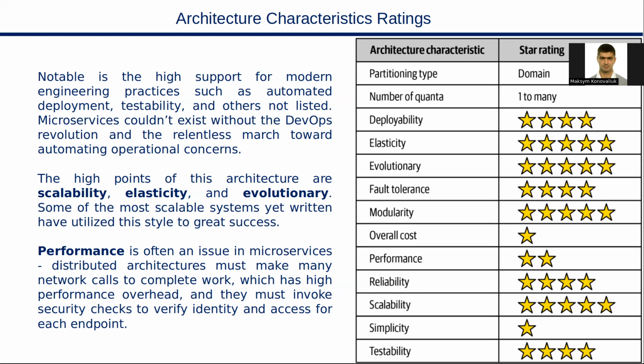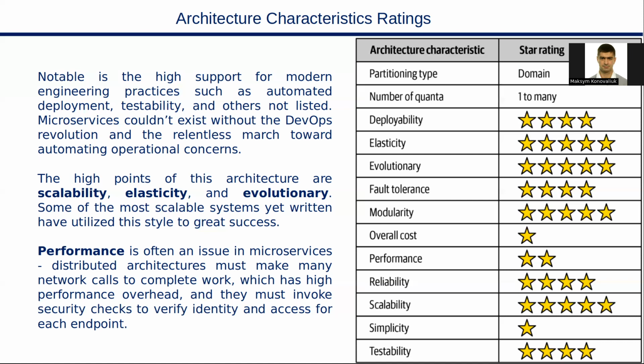Some of the most scalable systems yet written have utilized this style to great success. Performance is often an issue in microservices, and in all distributed architectures generally. Such architectures must make many network calls to complete the work, which has high performance overhead, and they must invoke security checks to verify the tokens, which adds additional time between these calls and communications.